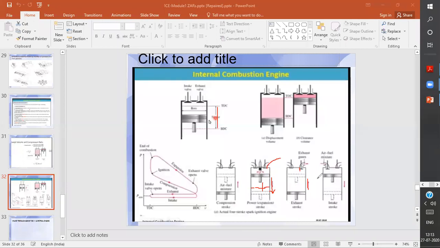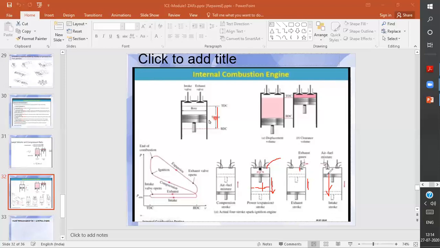Again see, in the intake stroke, when the piston moves from top dead center to bottom dead center downwards, we assume that the intake valve opens as soon as the piston reaches top dead center, and then when it starts moving down, the piston moves down. But in the actual engine, it is not happening like this.